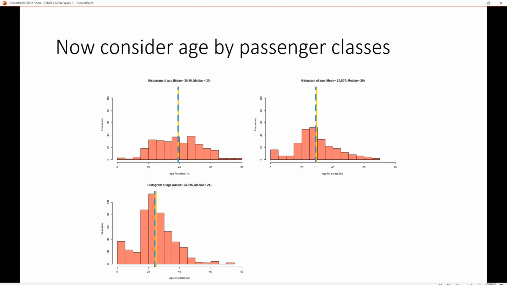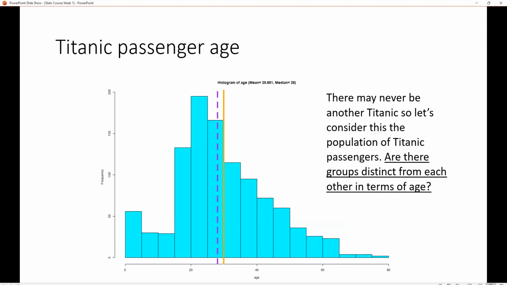But in this example, we'll consider passenger class to see if there are any differences there. From looking at this, we can start to see differences between our different groups, most notably between first class passengers, which we see in the top left, and our third class passengers, which we see on the bottom left. Actually, the third class passengers probably look most similar to the overall average.